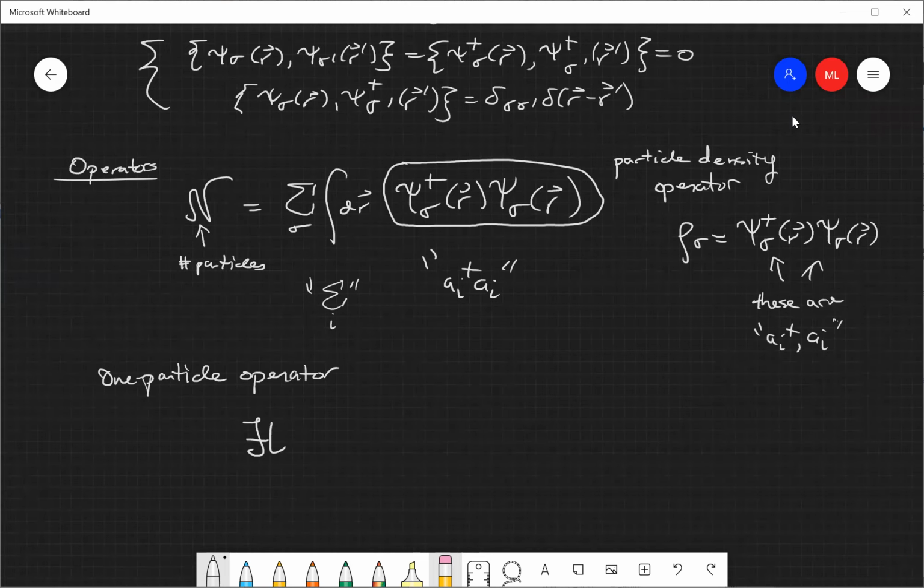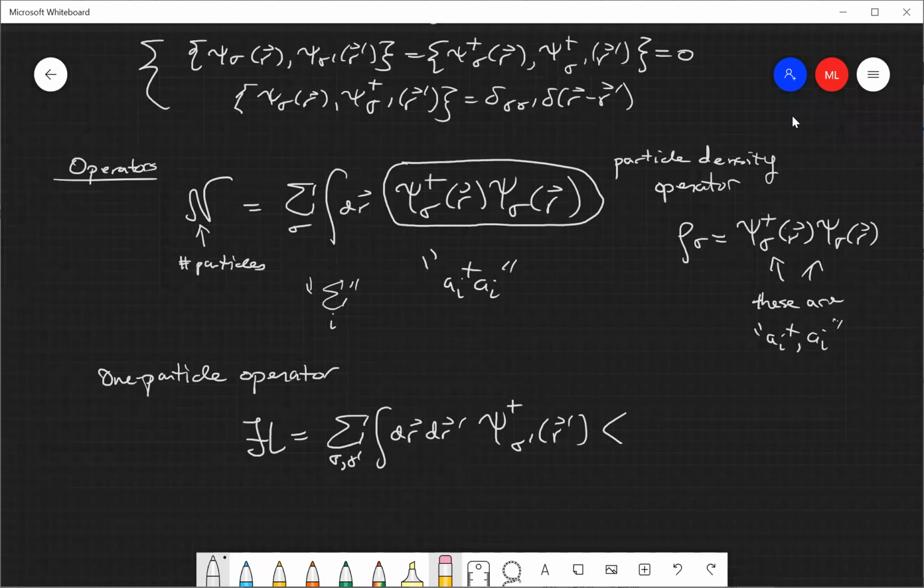Any one body operator you can write as a sum over two sets of states. So you have to sum over sigma, sigma prime, and then two integrals, dr and dr prime, of the creation operator for one of them, sigma r prime. Then you have the single particle matrix elements. These are the position space matrix elements.